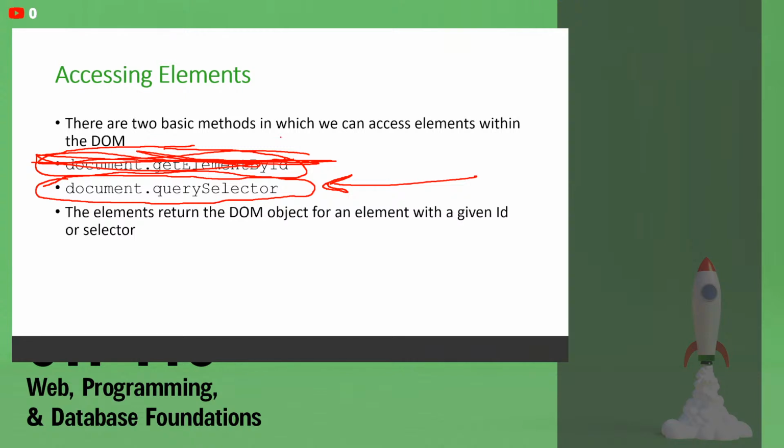Document.querySelector. Now, what is document? Document is the root of our DOM. So when we say document, we're saying go to the root of our DOM. And then when we say query selector, or get element by ID, we're saying look through the entire DOM for this thing.